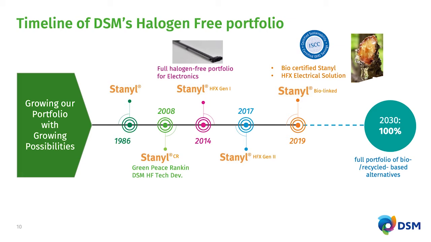Stanyl is a polyamide 4,6, already on the market for 30 years, and has earned its position in various automotive, electronics and electrical applications. In the past, it was mainly non-flame retardant and halogen containing flame retardant, but with the drive towards more halogen-free, in 2008, Stanyl Cotton Rose was developed.